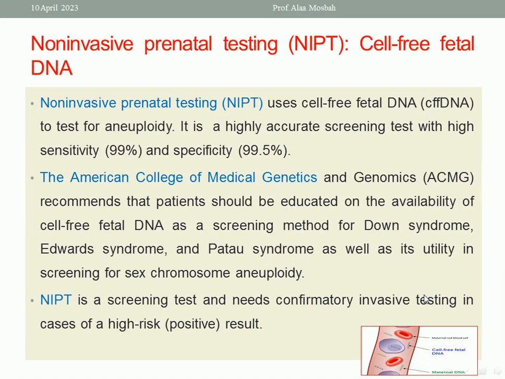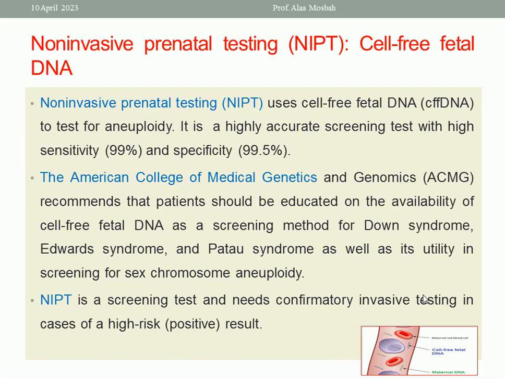Okay, let us go to the very interesting title developed in 2012, which is non-invasive prenatal testing, cell-free fetal DNA. What is the non-invasive prenatal testing? We call it non-invasive. Why non-invasive? Because all what we need is just a sample of the blood from the pregnant woman.